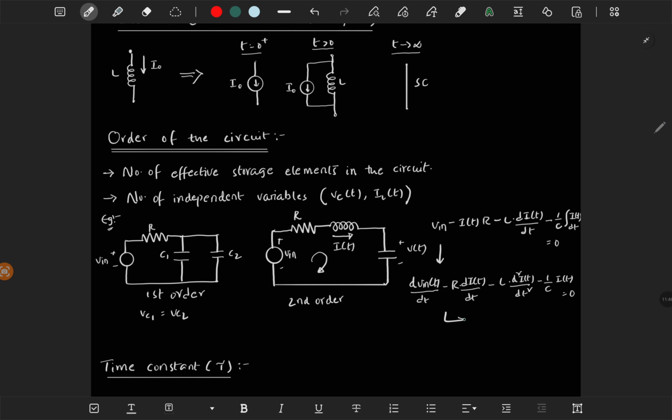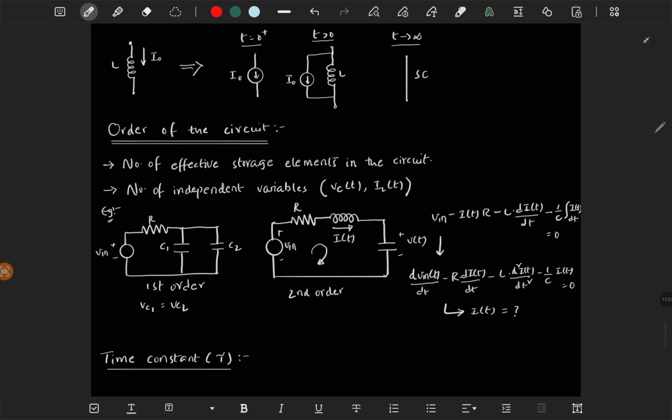So if you want to find I of t, you have to solve this second order equation using the second order differential equation method. So this circuit is a second order circuit.